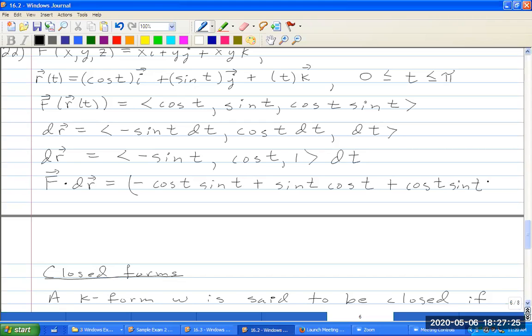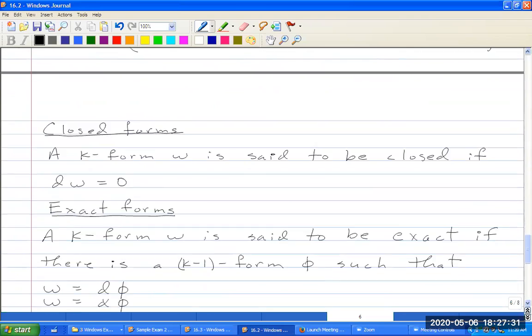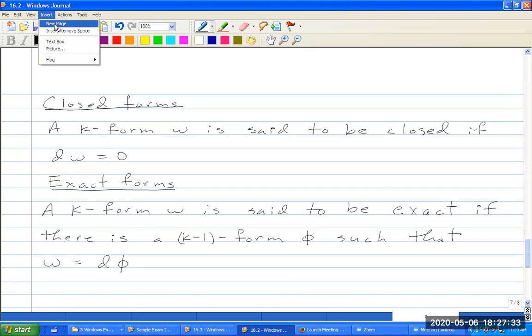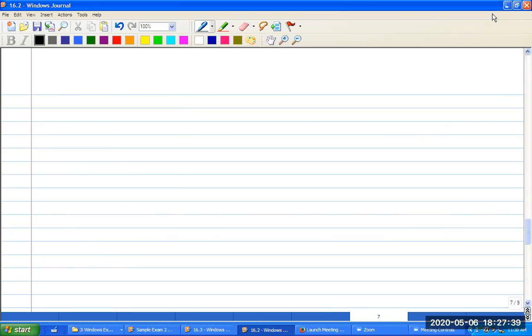And this is times dt. Let me get another page. So f dot dr is just equal to cosine t sine t dt.